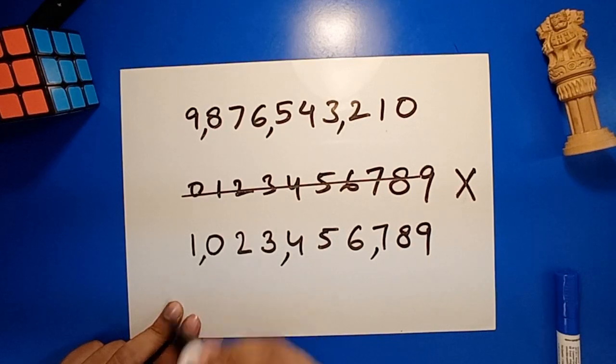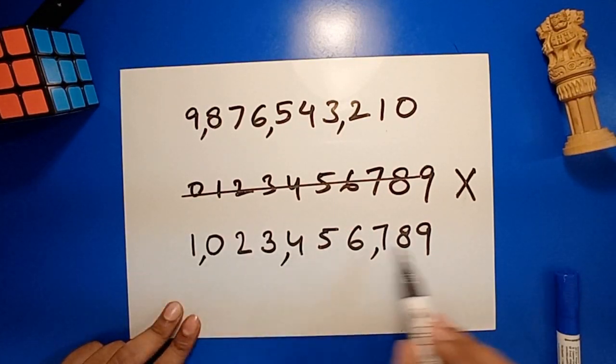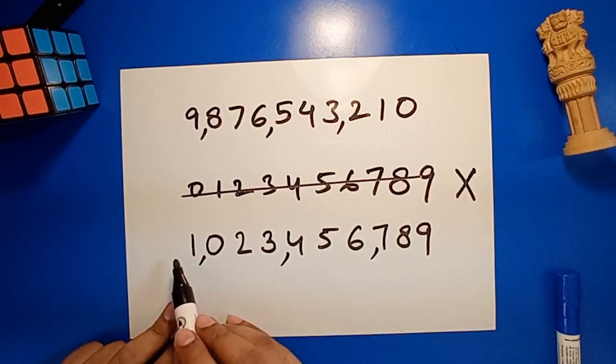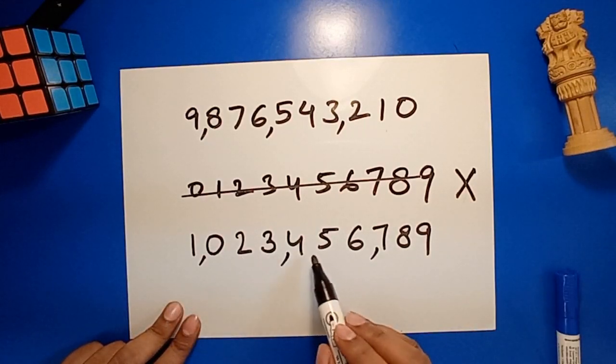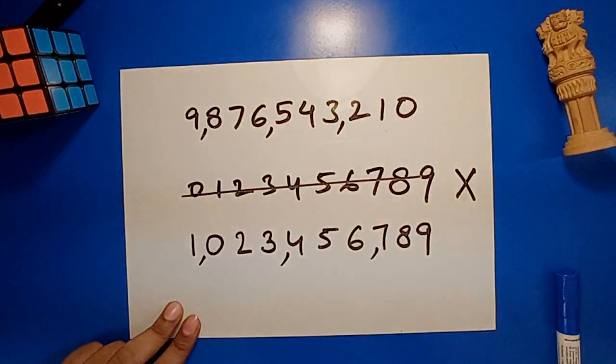So the smallest 10 digit number using all 10 digits is 1,023,456,789. Keep learning.